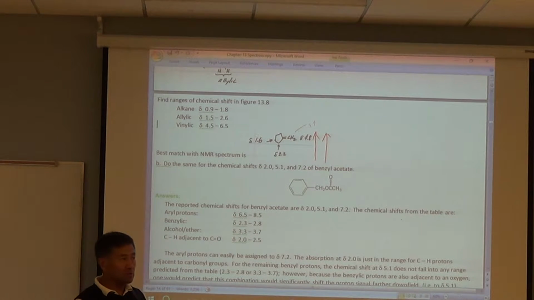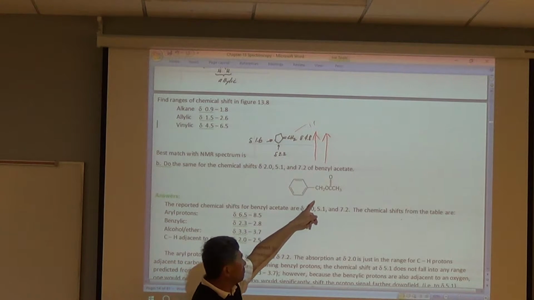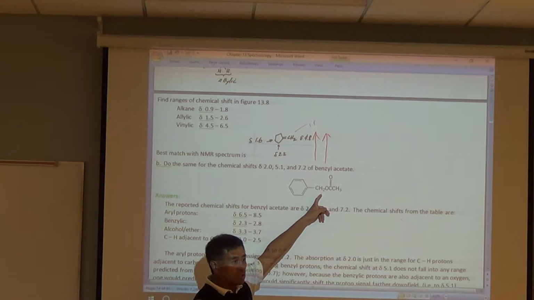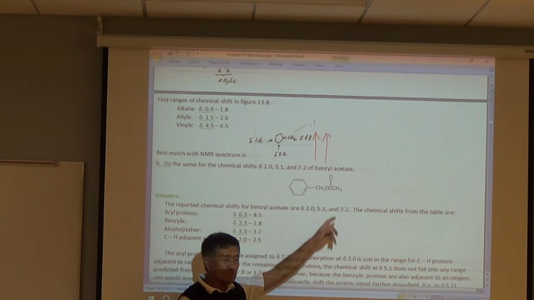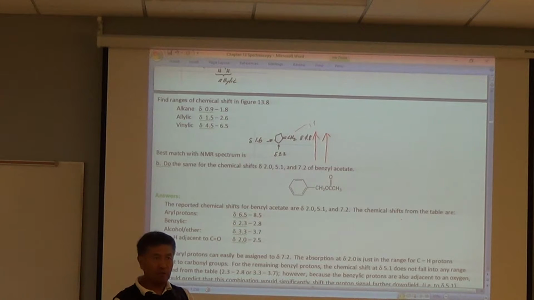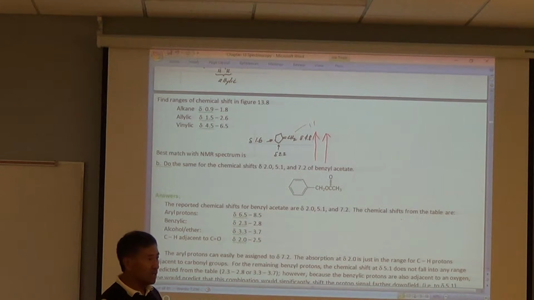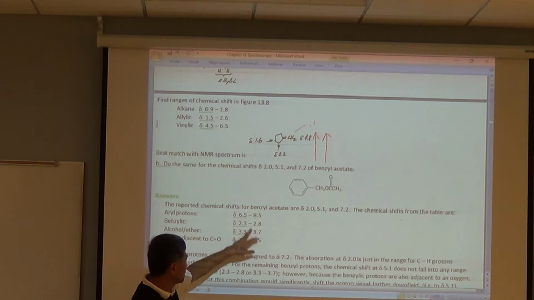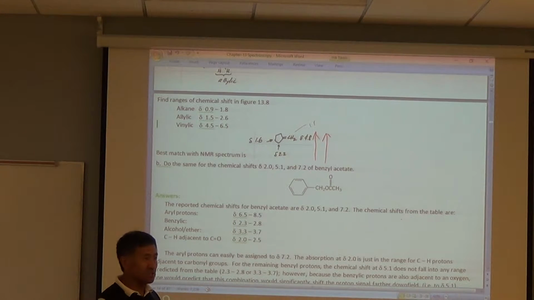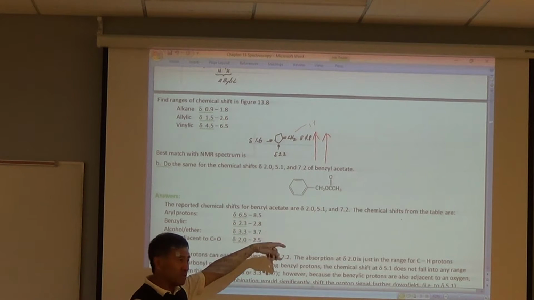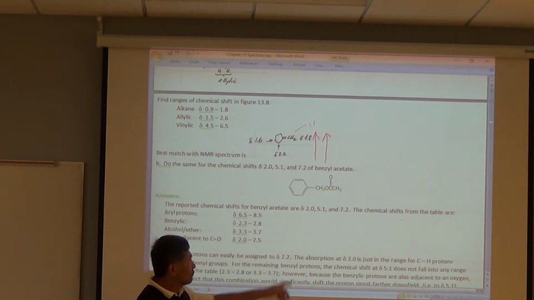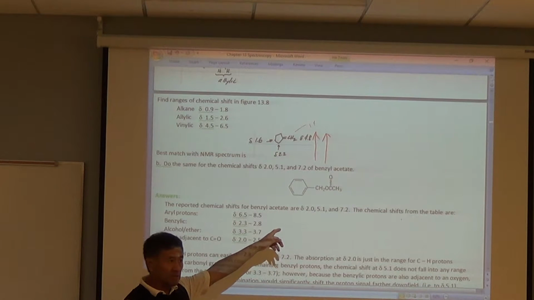That is because you have cumulative effects. This benzene ring makes this more de-shielded, and this oxygen also makes that more de-shielded. So these two effects enhance each other. So the number 5.1 doesn't match, but it's understandable. It's because of the de-shielding from the local field of the benzene ring, and also from the electronegativity of that oxygen.